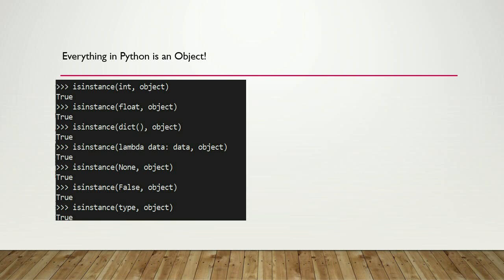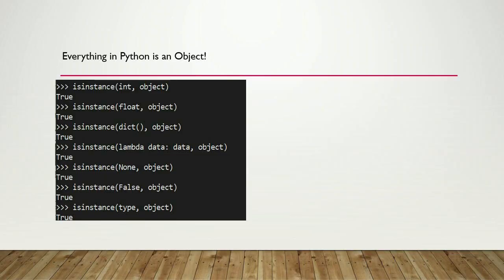For now, you can see on my screen, from my dev machine, which has version 3.12 of Python, I tried to compare every class: a normal class, integer, float, dictionary, lambda, or even a type, and checked whether it is an instance of object or not. Yeah, everything is an object. In Python, everything is treated as an object, including lists, sets, all these.